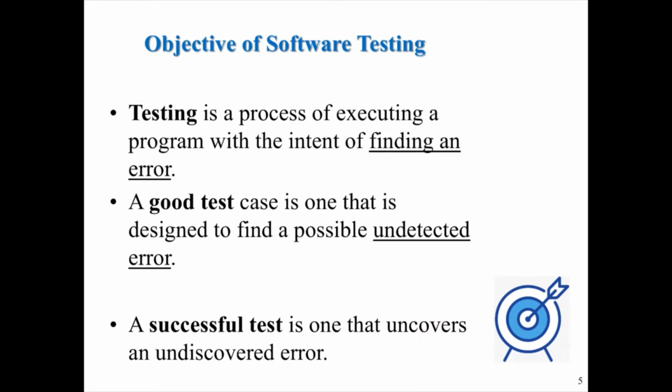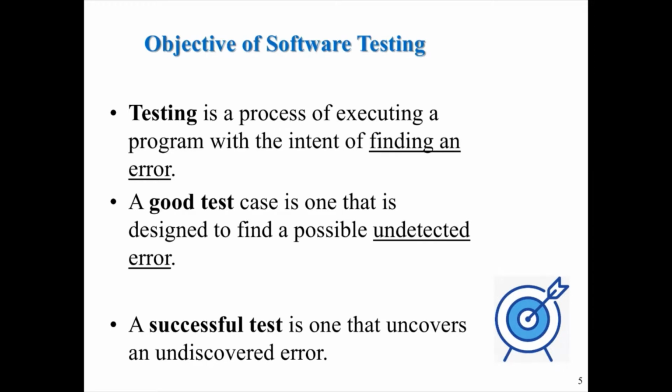We want something else. Technically error and bug are different, but you can consider them the same for the sake of this chapter. So we design different test cases: test case 1, test case 2, test case 3, under different environments, different conditions, and different input variables, and we test our software.